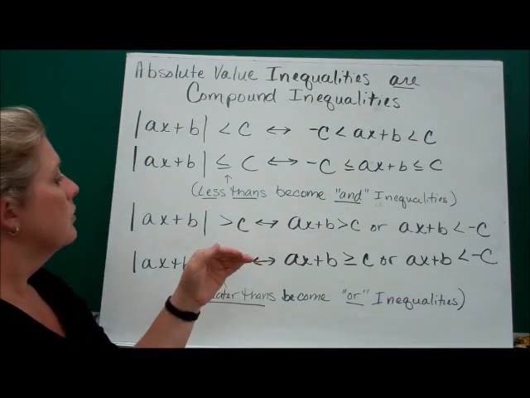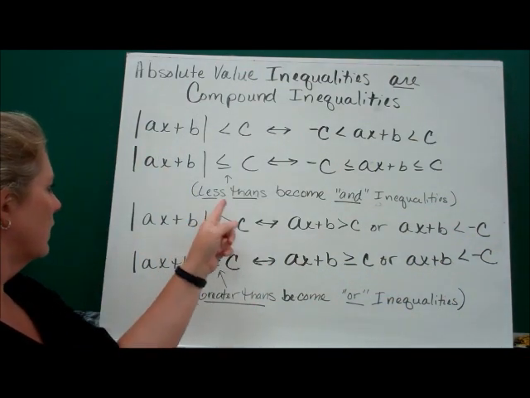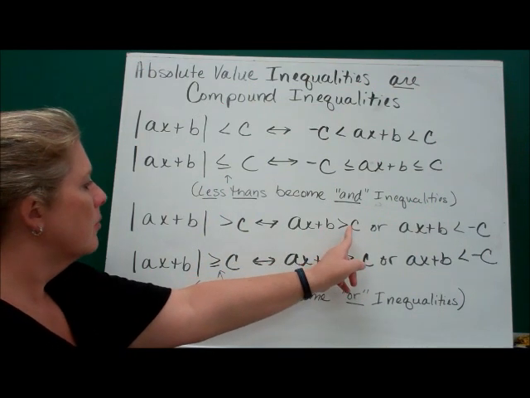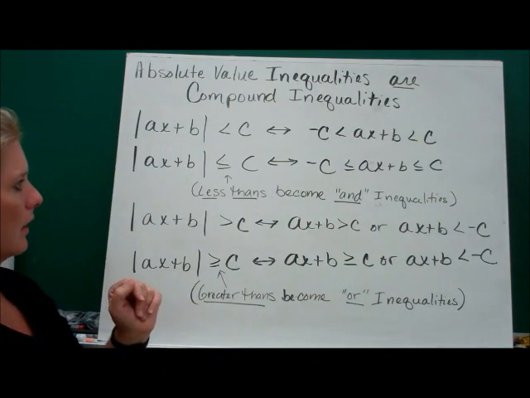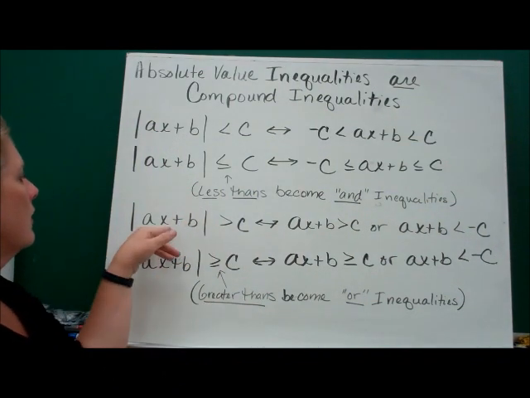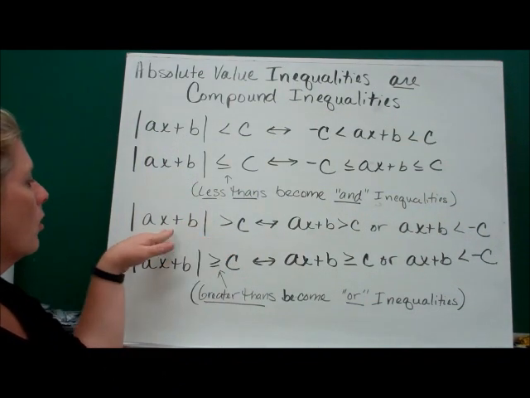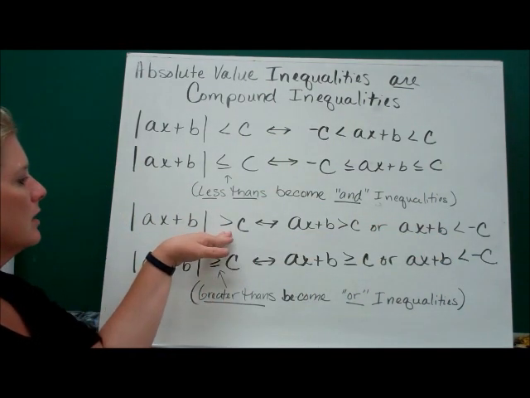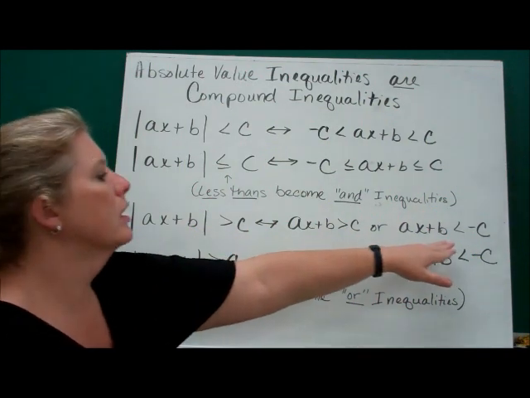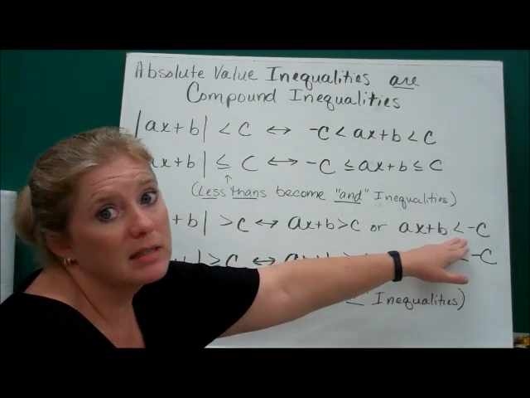Okay? So, still, c either stays the same, positive c, or negative c. Here, this is either going to be this or it's going to be less than that. So you're going to have one where it is a greater than and one where it is a less than, and it's going to be less than the negative.